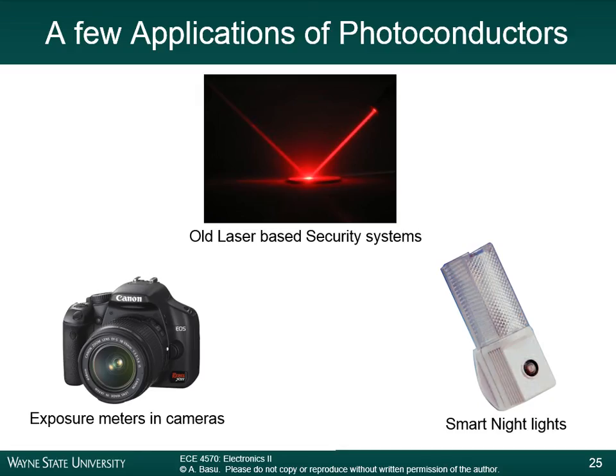So the size of the hole and how long it's open is determined by how much light is in the room. Cameras have these light sensors, and they're used as exposure meters. Then there are the old laser-based security systems, where you have a light bouncing off some type of object.